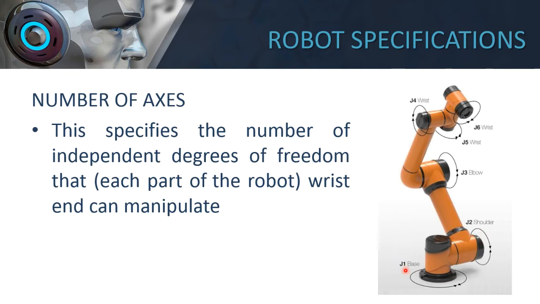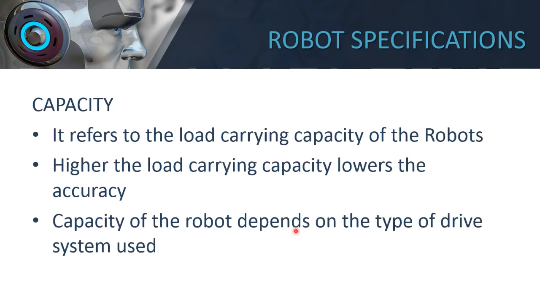They all help in manipulating the end effector. The end effector will also have a particular joint, but apart from that, how it can manipulate is based on the degrees of freedom, which is directly related to the number of axes. So that is the important specification you need to remember. That is the first specification.